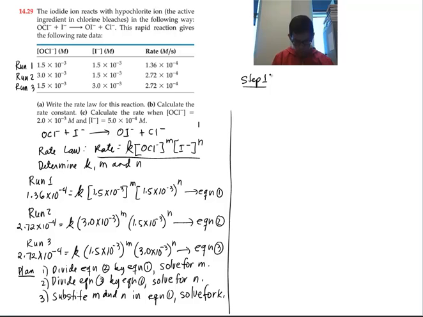So let's rewrite equation 2. 2.72 times 10 to the negative 4 equals k times 3.0 times 10 to the minus 3 to the m, 1.5 times 10 to the minus 3 raised to the n.